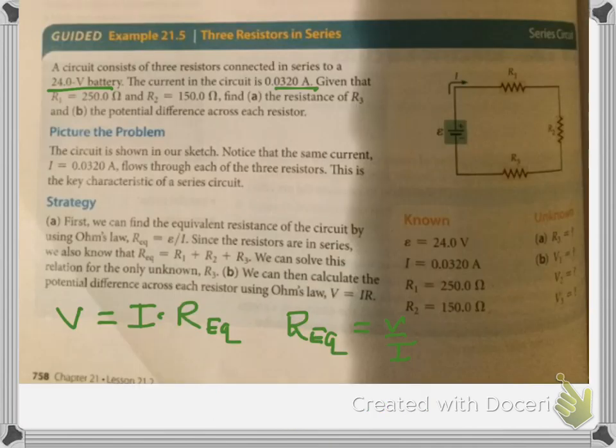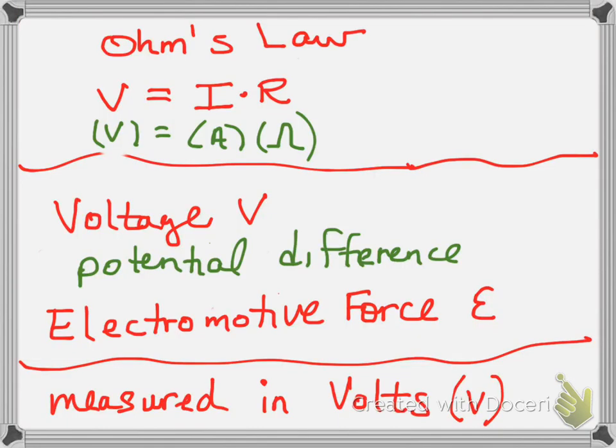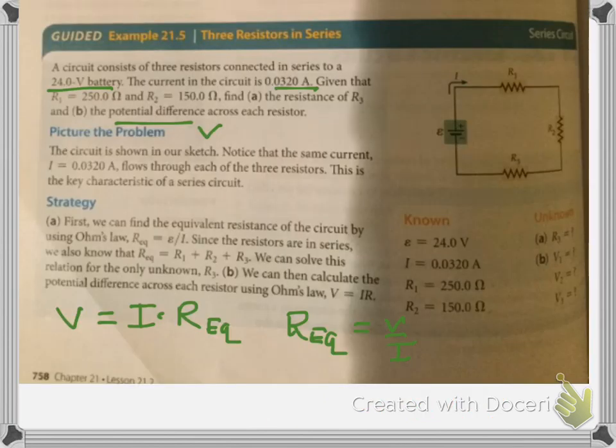Now the second question was to find the potential difference across each resistor. So remember me saying that potential difference is basically the definition of voltage. So it's your V. Electromotive force, potential difference, and voltage are measured in volts.